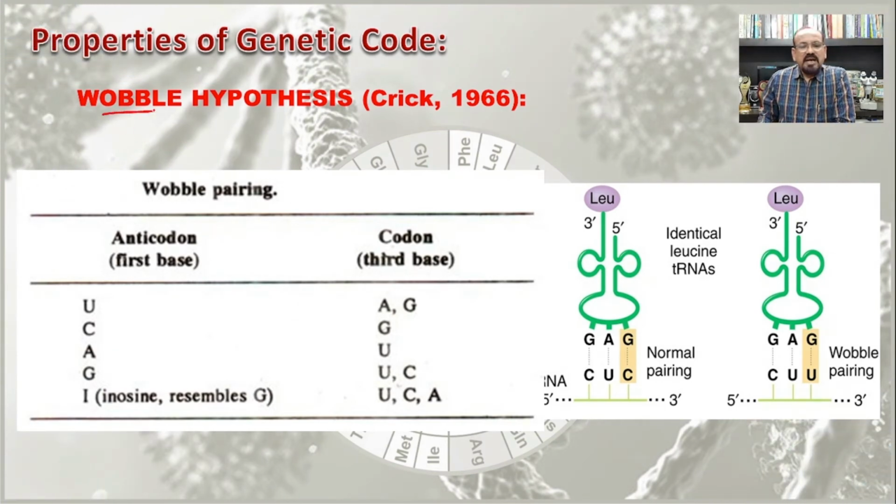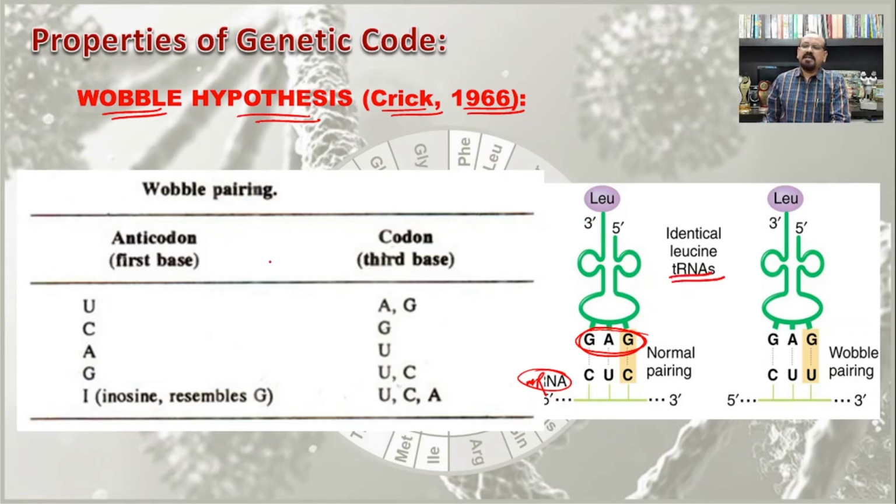Now this is known as the Wobble hypothesis, which was proposed by Crick in 1968. Earlier we have seen that the sequence of nitrogen bases present on mRNA is read by the anticodon present on the anticodon loop of the tRNA, and hence the anticodon and the codon are complementary to each other.